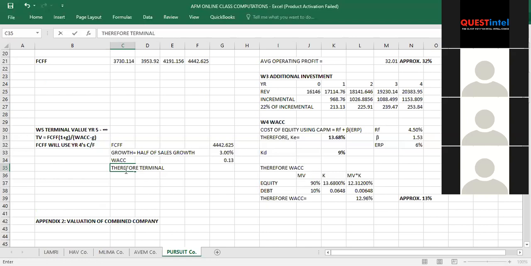Standard procedure is that for valuation, you will usually calculate a terminal value, something that is very normal to calculate. You've valued the company from year 1 to year 4, but the company is in perpetuity now. A company is not for 4 years. So it's not like a project where you can say the project ended in 4 years. A company doesn't end in 4 years.